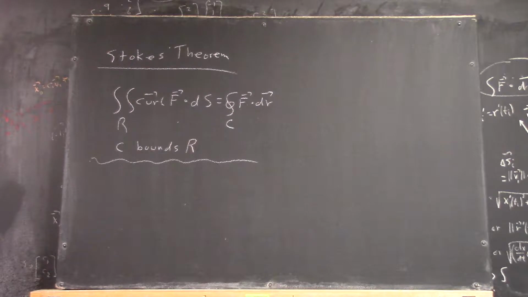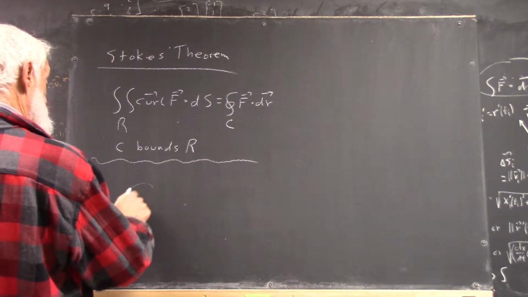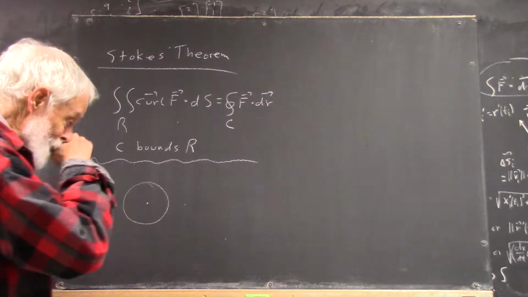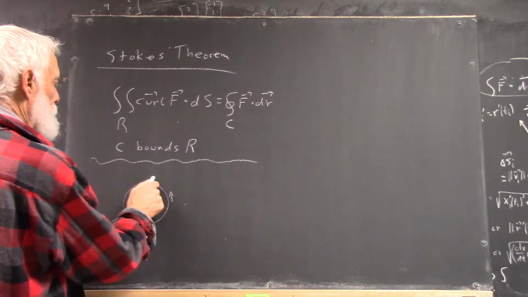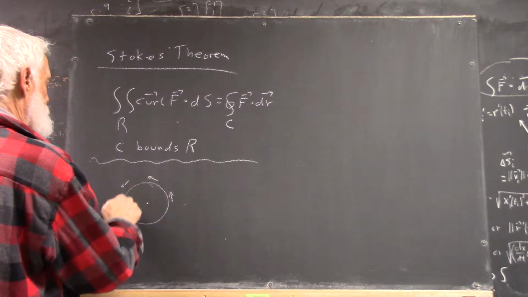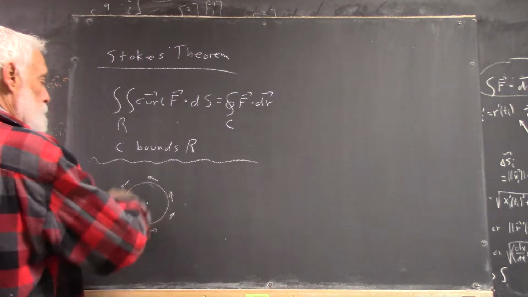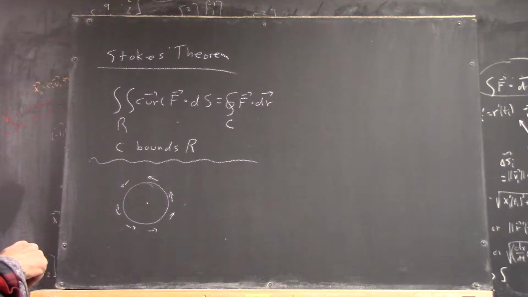So this is pretty much just saying that, well, you got a small region here, and the picture we had before of a circulating field that gives you a curl, okay?